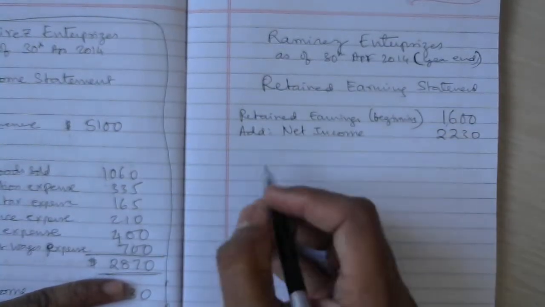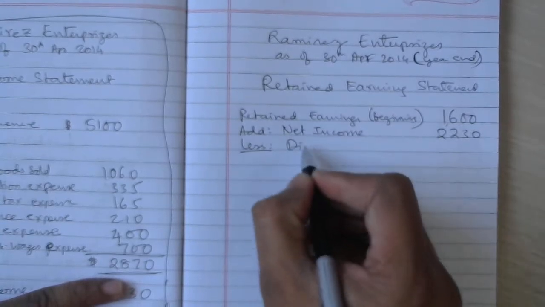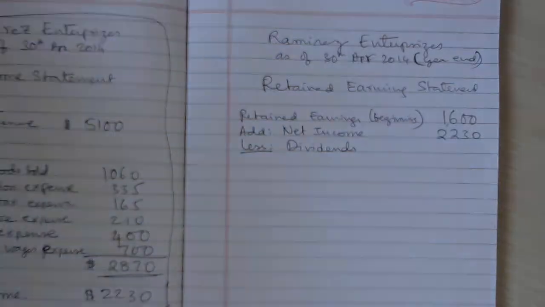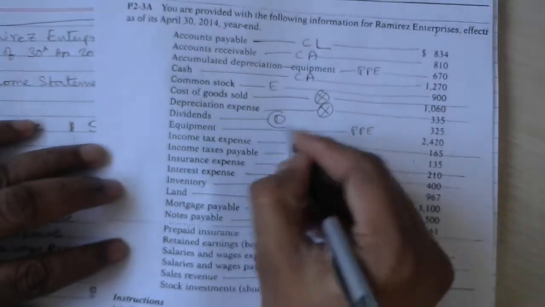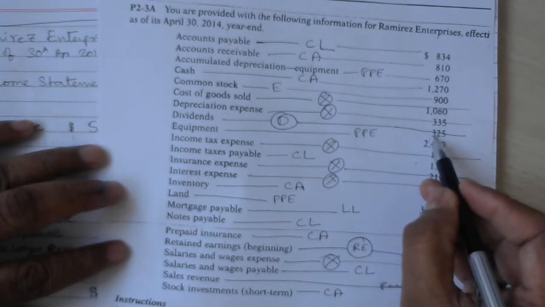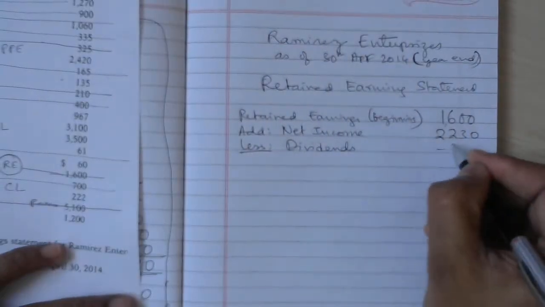But before adding, we subtract dividends. Whatever dividends were paid in that particular year, we need to subtract. Looking at the D, I have dividends. It looks like 325 is the dividends paid, so I'll subtract 325.